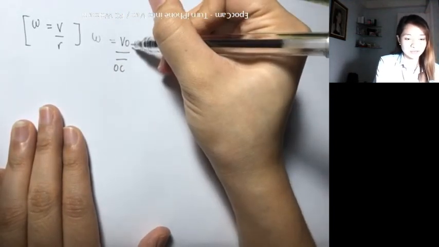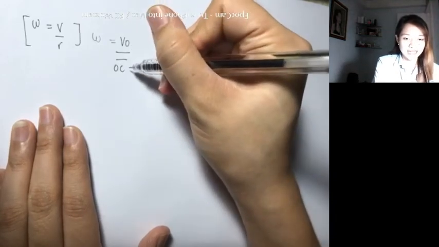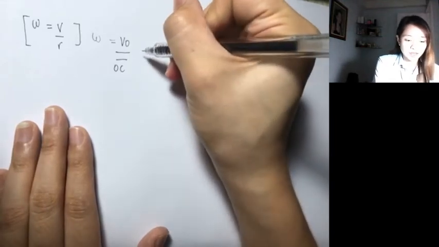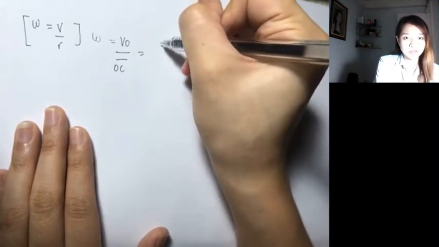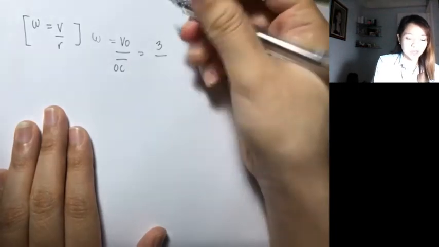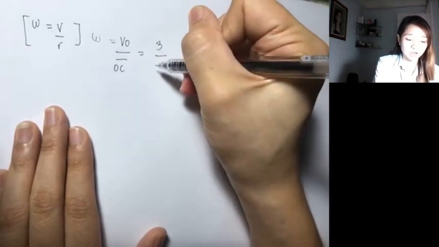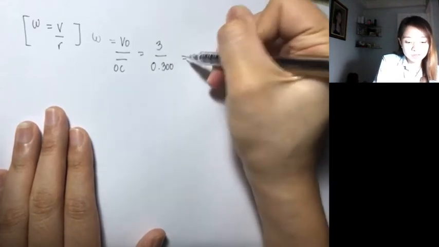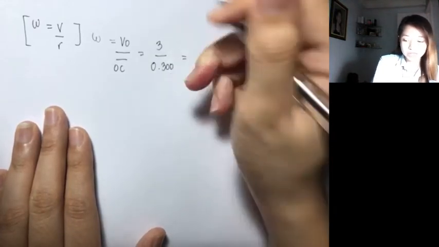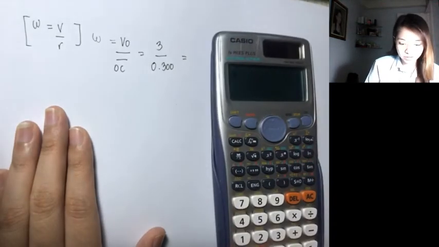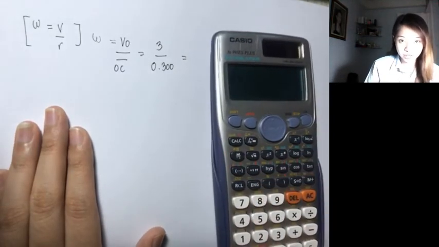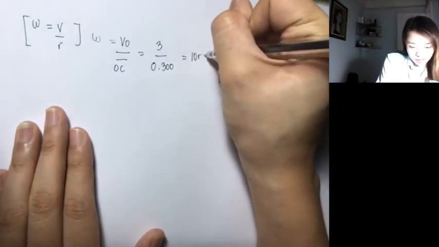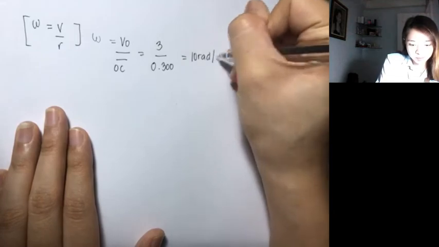This is the given velocity, and this is the line O to C, which you can see in the previous figure. We have the velocity given as 3, and line OC converted to meters is 0.300. So 3 divided by 0.300 gives 10 rad per second.